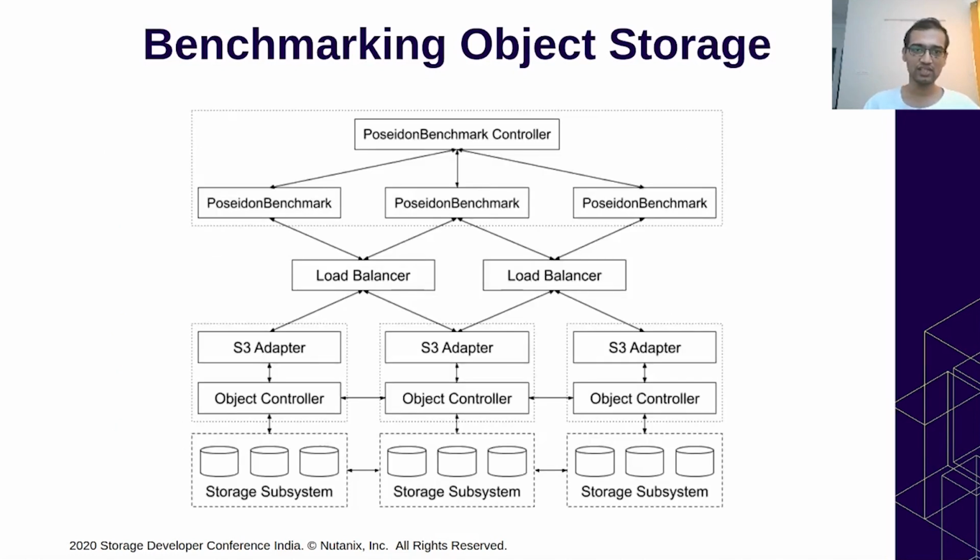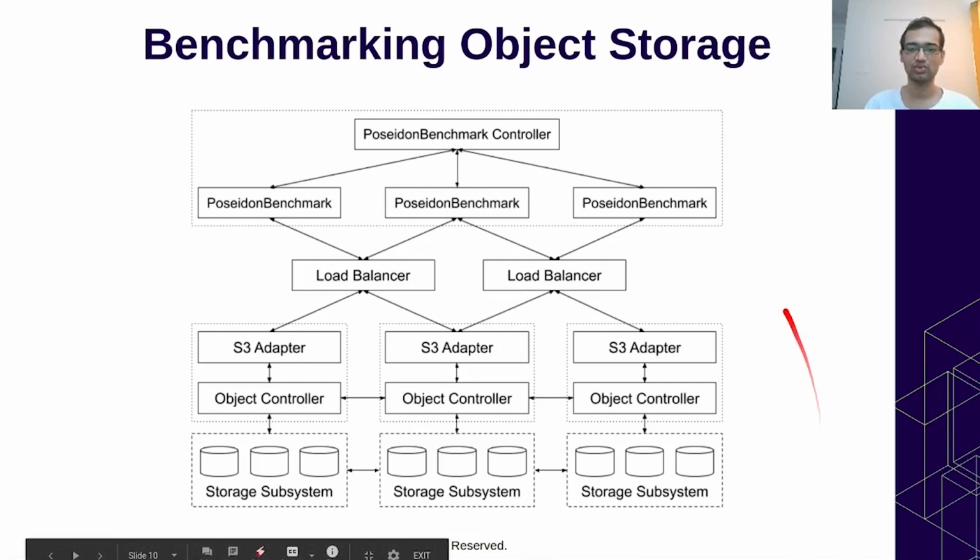So here is how the overall stack would look with the benchmarking tool deployed. On the top, we have the benchmark itself, and the bottom half of this diagram represents a typical object storage subsystem that we saw earlier. Now in the benchmark, you see there is a centralized controller which is responsible for accepting different workloads and sending the appropriate requests to the actual workers, which are eventually responsible for generating the workload.